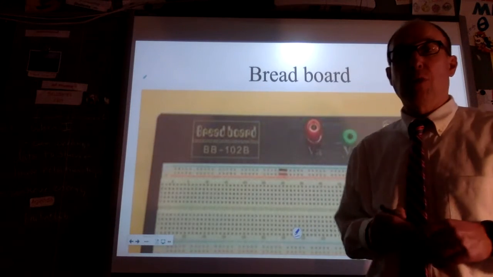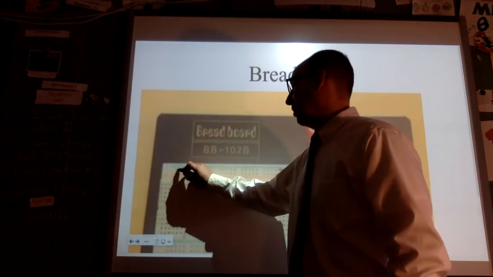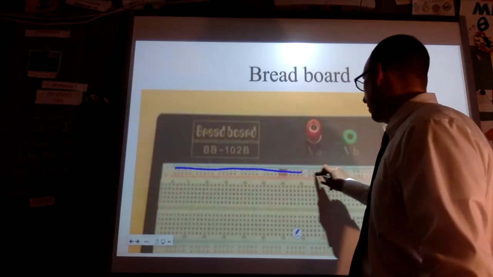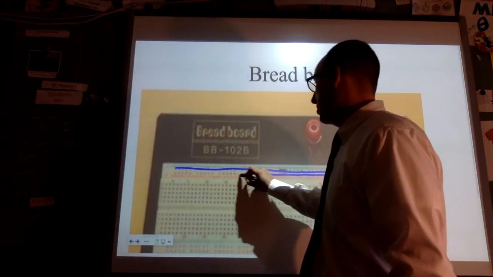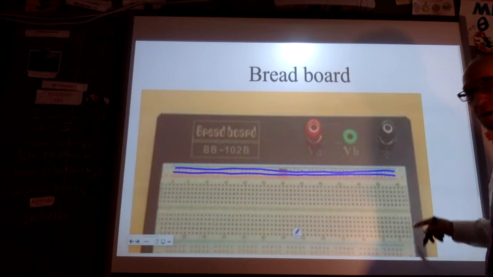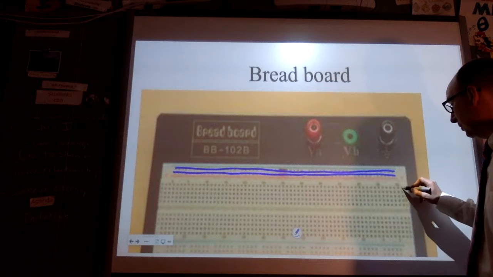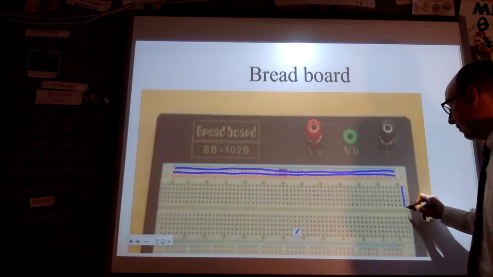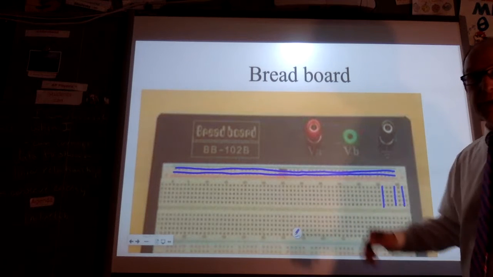They connect to the ones that are next to them. So these along the outside are all connected to each other, and those are all connected to each other down the end. In the middle here, where we're going to do most of our work, usually you just connect the battery to the outside ones. These 5 are connected, these 5 are connected, going down that way.